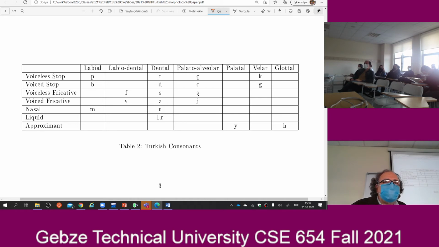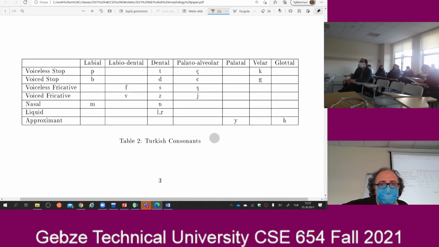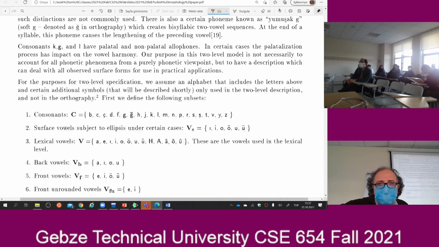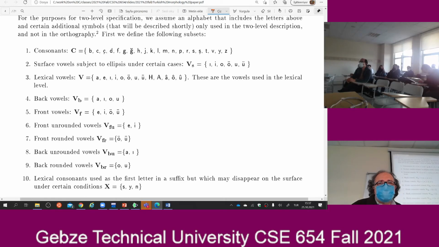So these are not invented for Turkish. I think there are a total of 60-70 different sounds that humans can make, and we are using some subset of it. We don't have all the sounds in Turkish. So these are some Turkish consonants, and let's look at some of the definitions.